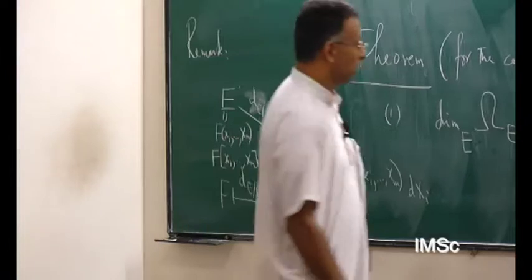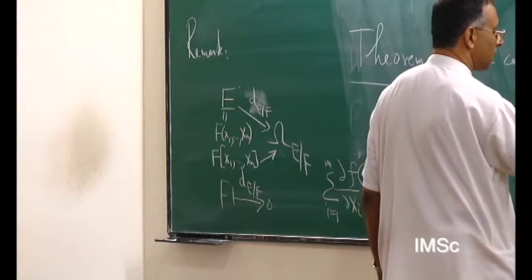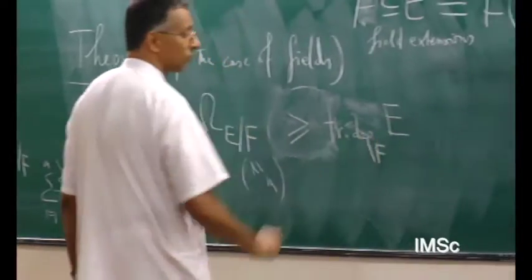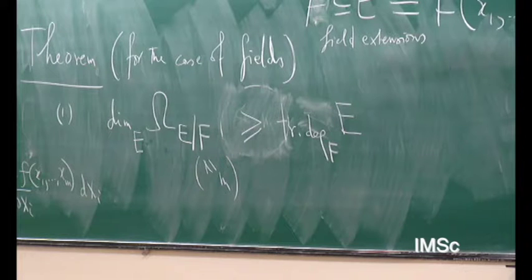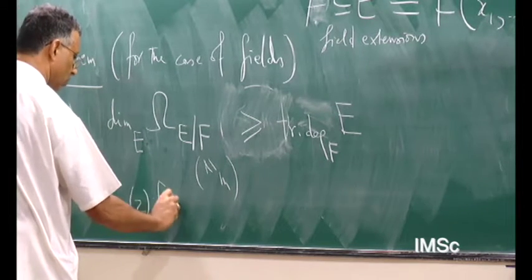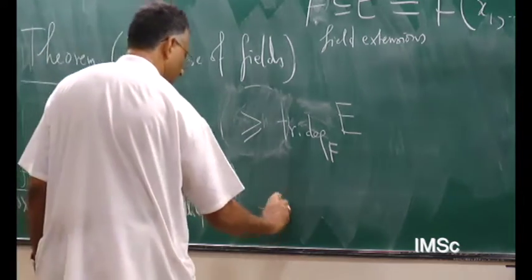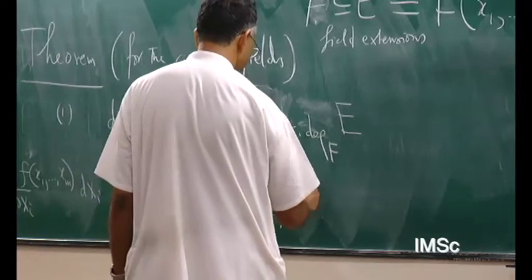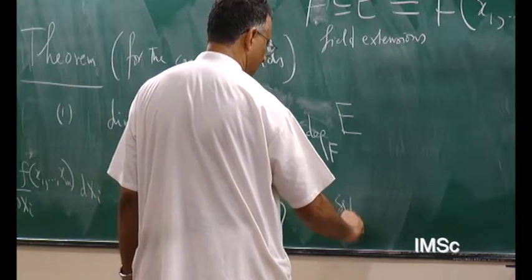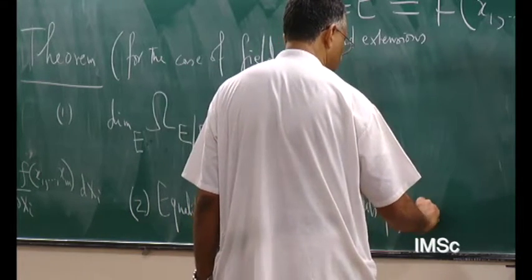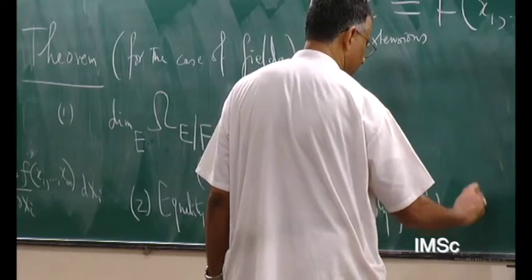This is bigger than or equal to the transcendence degree of E over F. Second is that equality holds if and only if, and I will define what this means, E is separably generated over F.